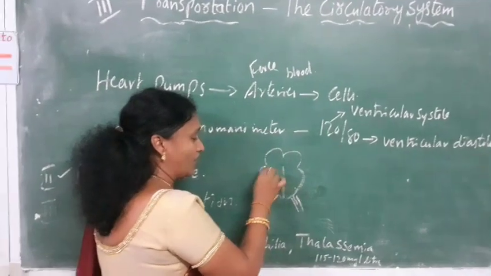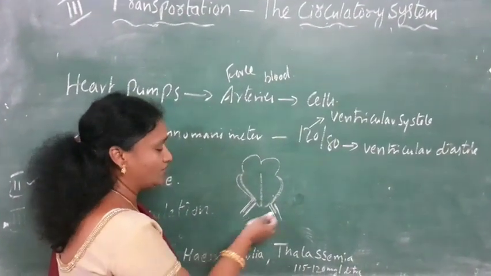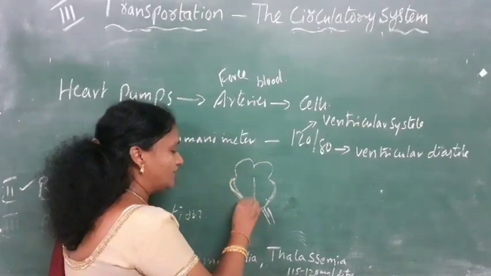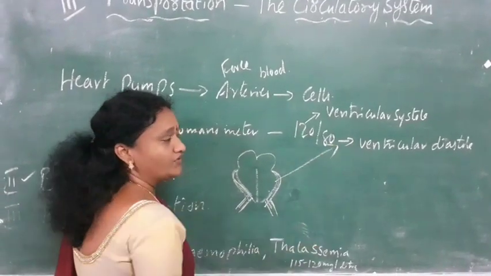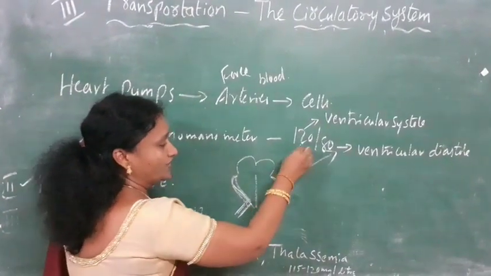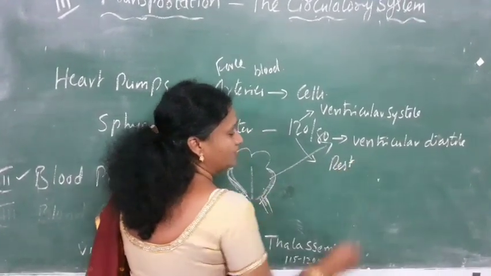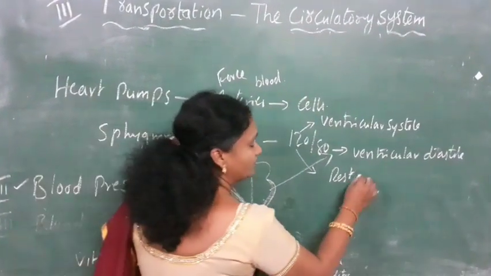Almost all the blood will be sent to the arteries, that is the systemic aorta and the pulmonary artery. After pumping all the blood, the ventricles get relaxed. That relaxation stage is called the ventricular diastole. At rest, if the BP of a person is 120 by 80, then we call it normal BP.